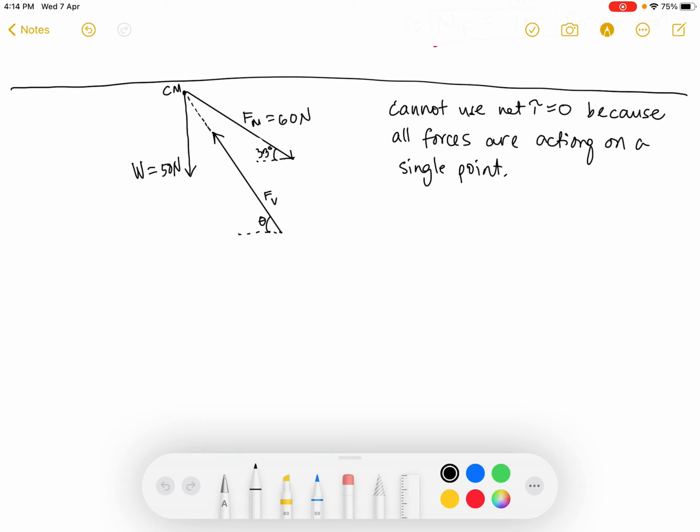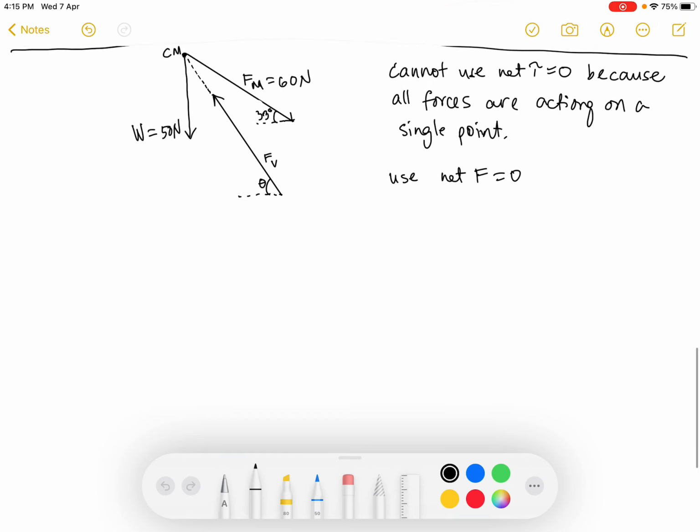And if we chose the center of mass to be the pivot point, then we eliminate all the forces because the lever arm will be 0, and that does not give us any useful solutions to work with. So we use net force is equal to 0, which is the other condition for static equilibrium to be true.